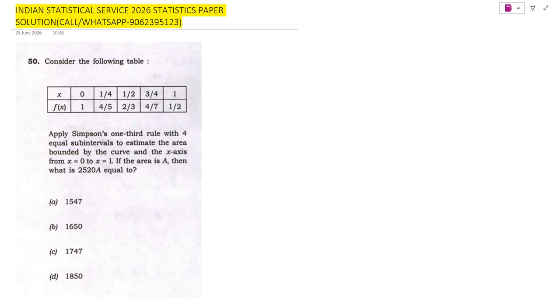So before we unlock the math, let's appreciate the baseline of this examination. The ISS is a highly competitive top tier civil service examination conducted by the UPSC, and it is designed to recruit the specialized officers who manage India's national statistical system, economic data modeling and the public policy analytics.